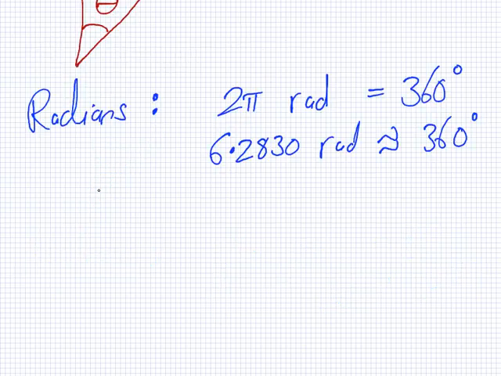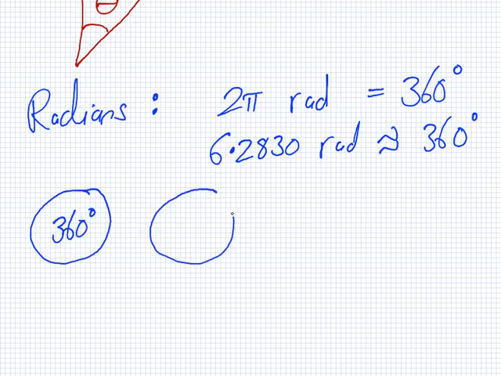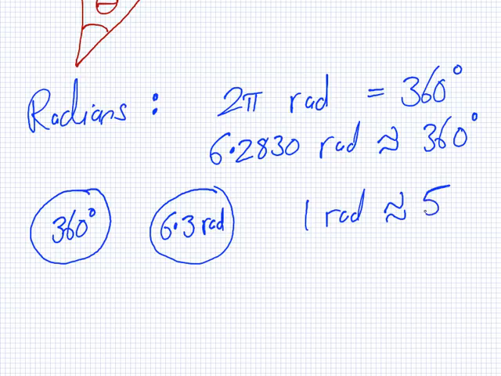Because in degrees, one circle is 360 degrees, but in radians it's only about 6.3 radians. So a radian is quite big. I think 1 radian is about 57 degrees. So a radian is quite a big angle. It's about that much, it's a big chunk.